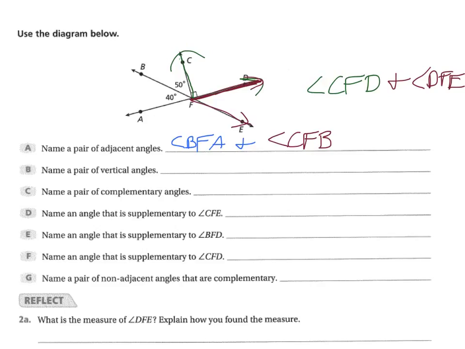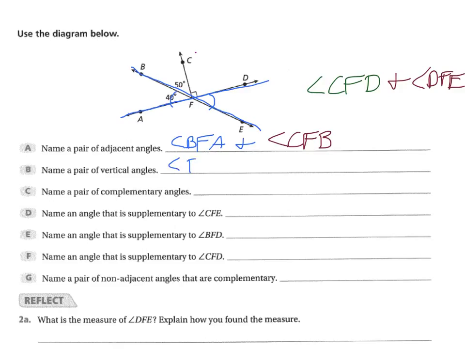Name a pair of vertical angles. Remember, these angles are formed by two intersecting lines. We have intersecting lines AD and BE. That means these two angles are vertical and also congruent.